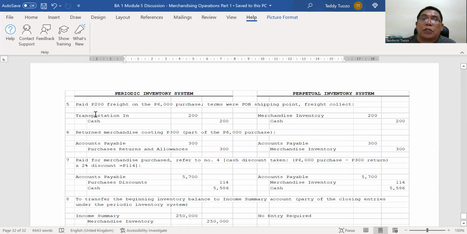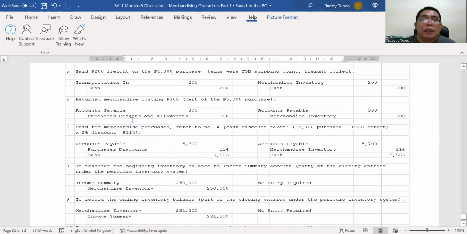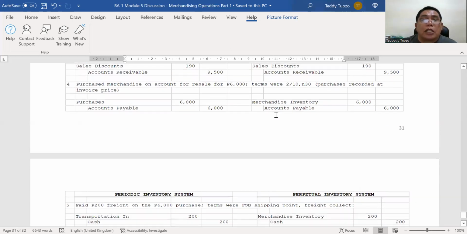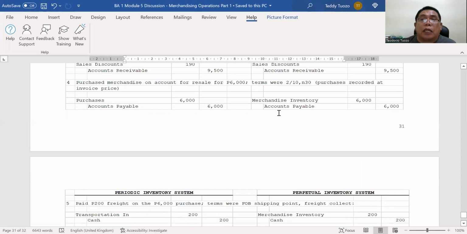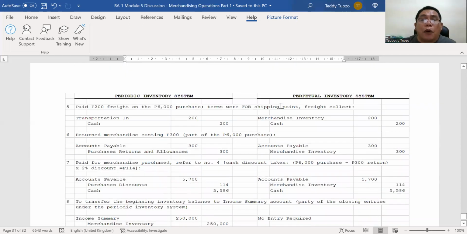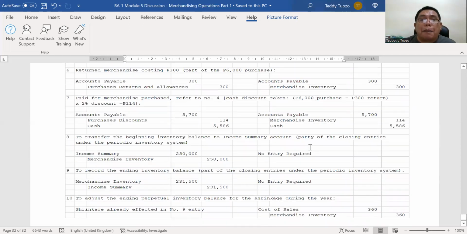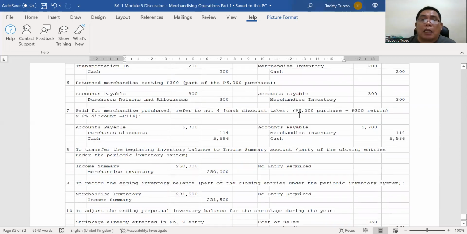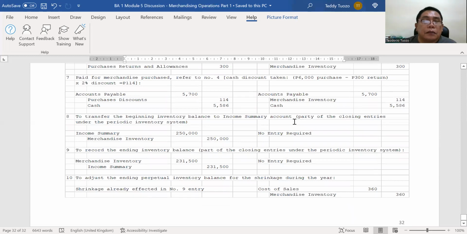And then if there are purchase returns, debit accounts payable, credit merchandise inventory. Of course, when you purchase, you debit merchandise inventory, credit accounts payable. But of course, if you return, you should reverse your merchandise inventory.